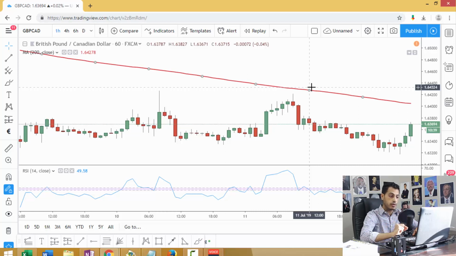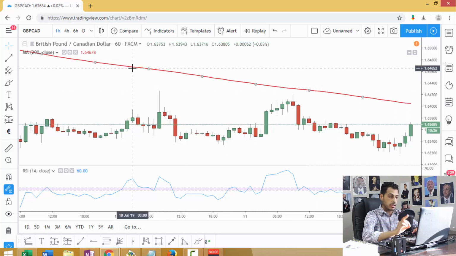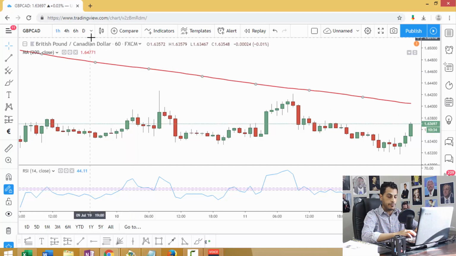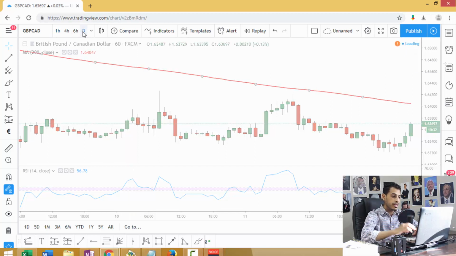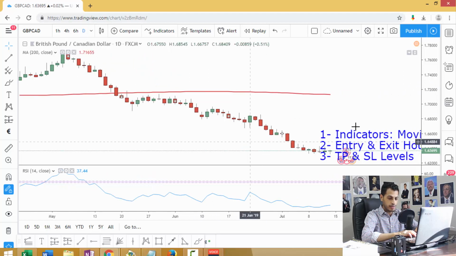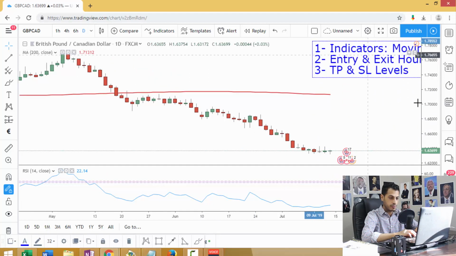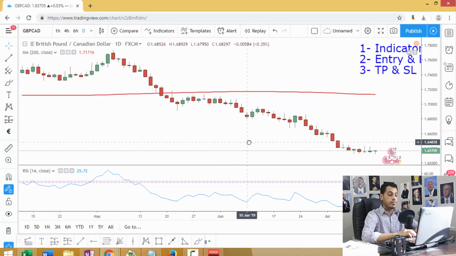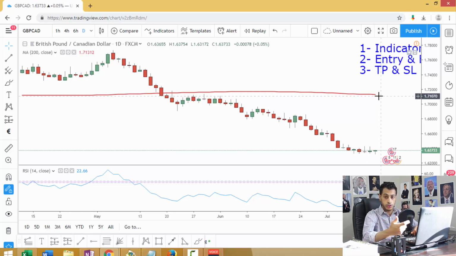Now the rule for the moving average is that in the daily time frame, so we have to go into the daily time frame, ladies and gentlemen. When we do that, we see the text come down right here. For now, let's put it right there. So we come to the daily time frame, and the first rule is that the current price has to be below the 200 moving average if we want to go short.